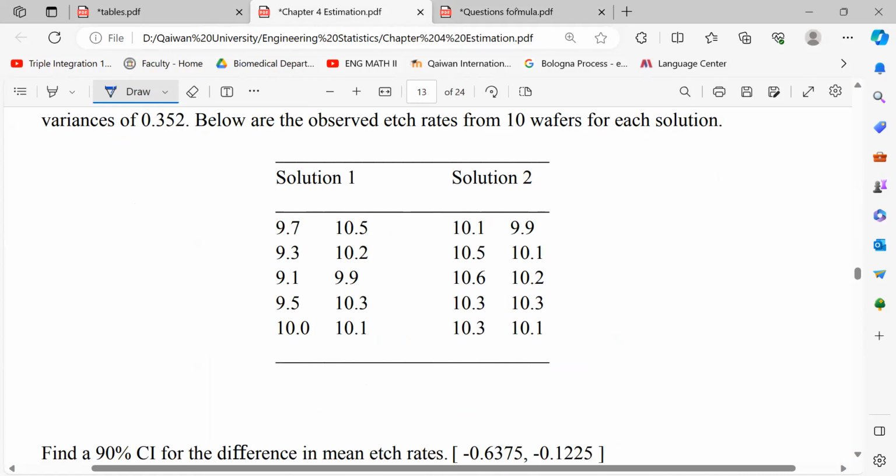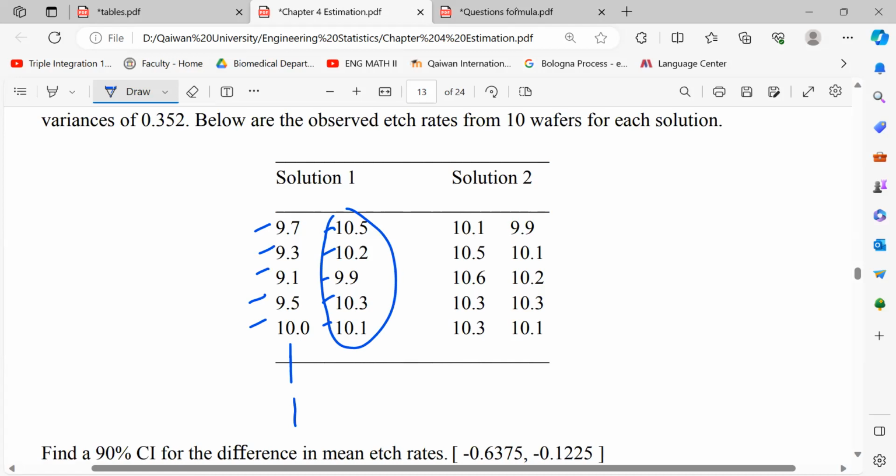For example, if you have these data, it's for two proportions, okay? We need to have the mean and variance, and we must find these two from these two tables. Write down these beneath here. That means we have 1, 2, 3, 4, 5, 6, 7, 8, 9, 10 — we have 10 data.